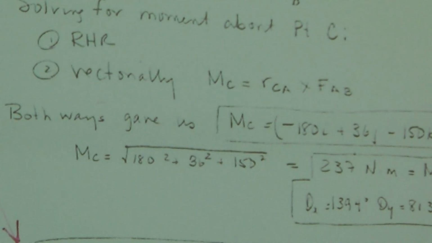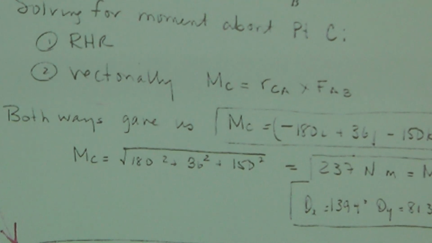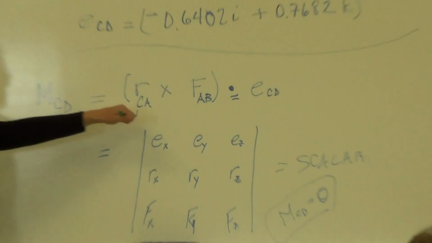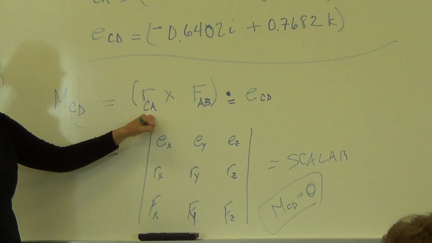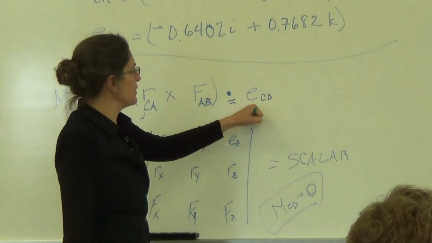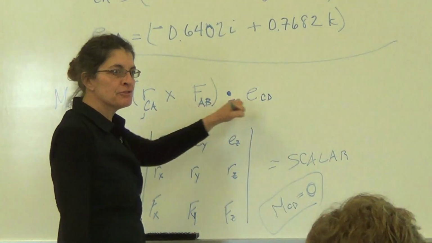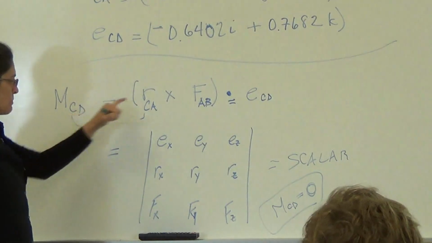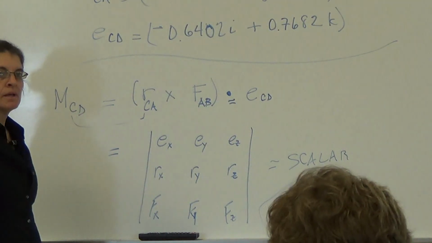Okay, so if you're trying to find the moment about a line, you could do it all vectorially, right? You're getting more practice in looking at things in 3D. You're going to find out what the R vector is, what the force vector is, what the unit vector is. So you're going to get more comfortable with 3D again, finding components too, and you just put them in the matrix and you find them.